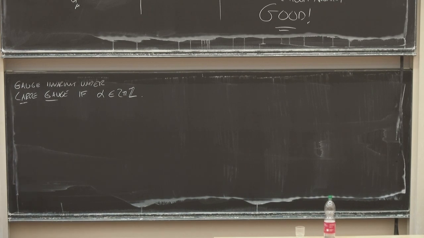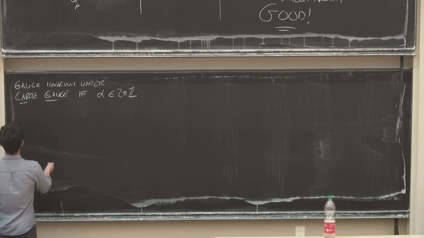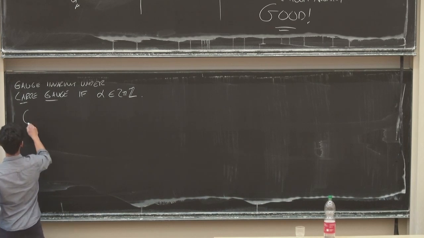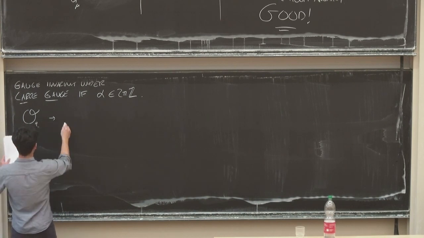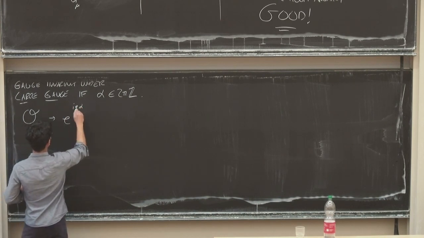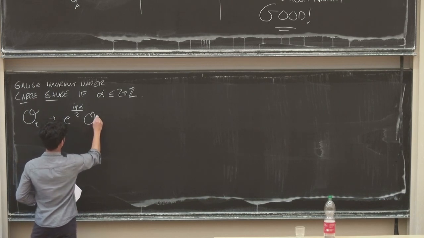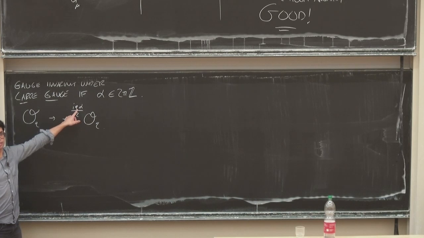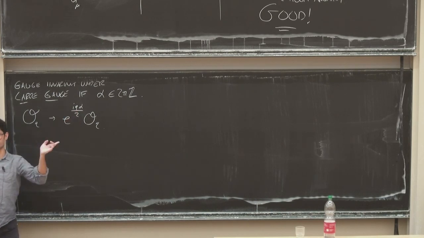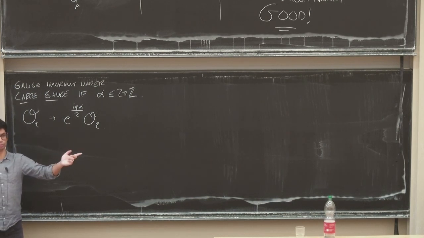If you go through the factors carefully, it turns out if you have an object O with axial charge q, this thing rotates that guy by e to the i q alpha over 2, which means that if q is an integer, which it is in my normalization, then at best what you can do is flip the sign of O. If q is odd, this will flip the sign of O, which means we get a Z2, which is not great. I want a continuous symmetry, okay?